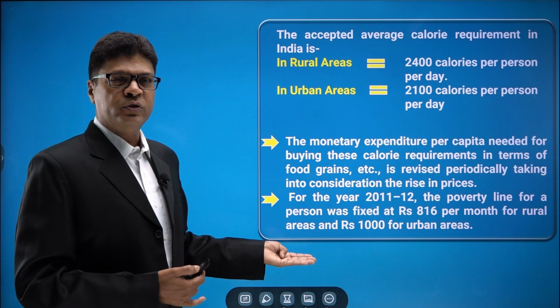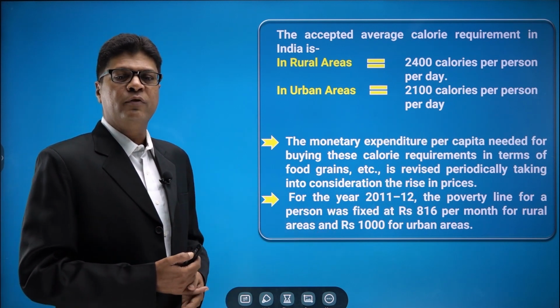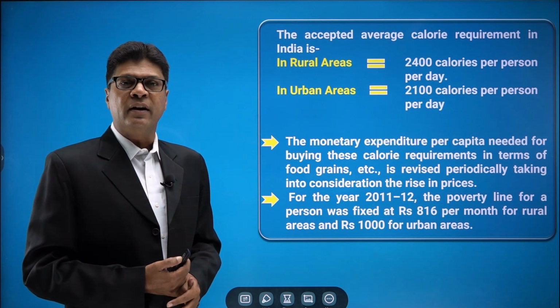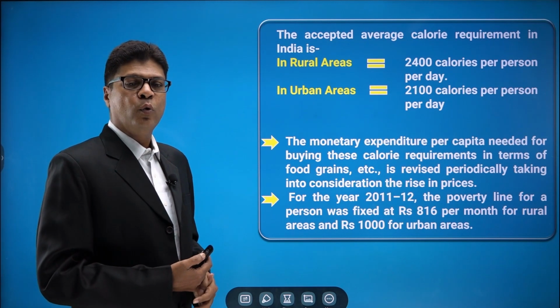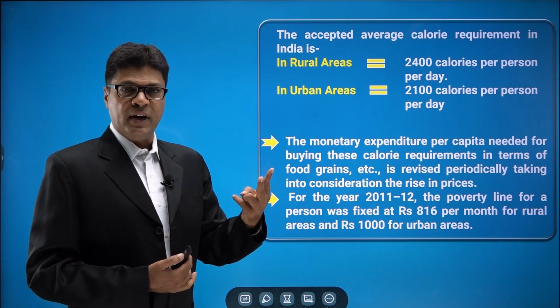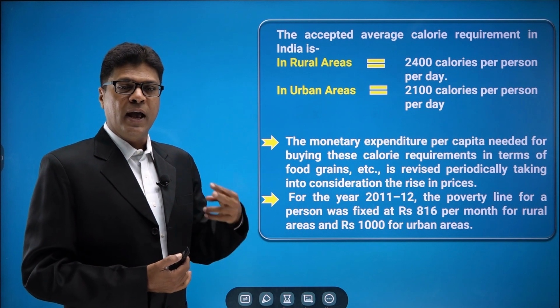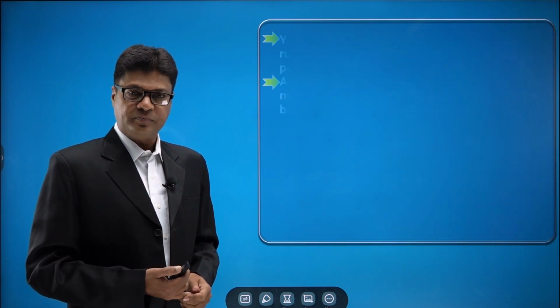For the year 2011-12, the poverty line for a person was fixed at rupees 816 per month for rural areas and 1000 for the urban areas. There are two different areas, rural and urban, and their poverty lines are also fixed differently.